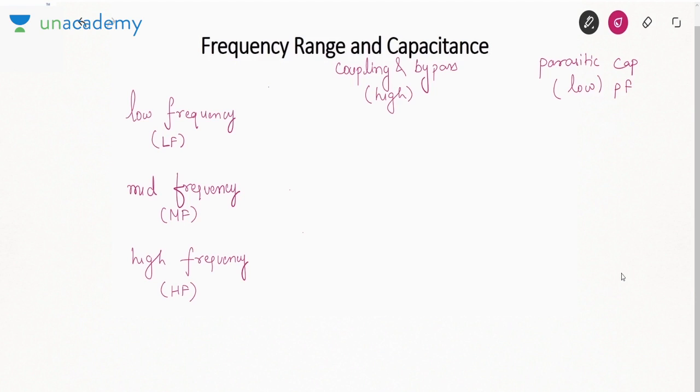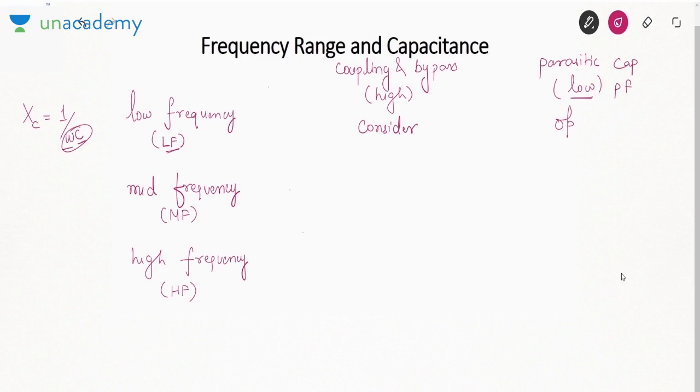Now in low frequency range, always remember Xc is 1 by omega C. Now omega is low, capacitance is high, so it will be moderate. We will consider it. Now here C, capacitance is low as well as frequency is low, so Xc will be very high. If omega is low and capacitance is also low, their product will be low, but 1 upon their product will be high.